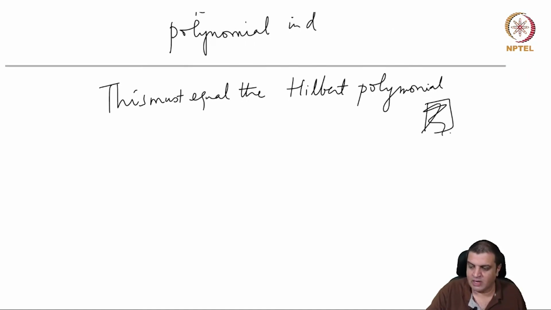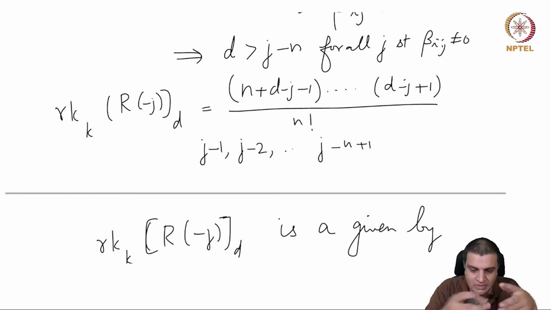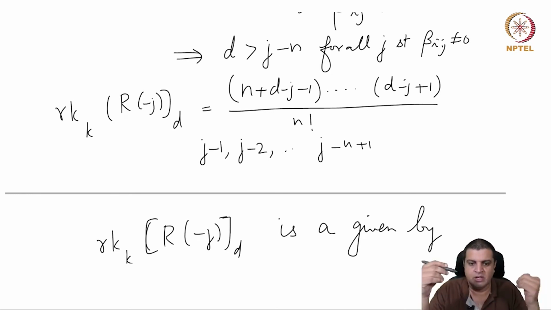Okay. So this is one application of regularity, and this application goes back to Castelnuovo and, in modern language, to Mumford, who redid it in modern language, I think. But it is not written in terms of free resolutions.